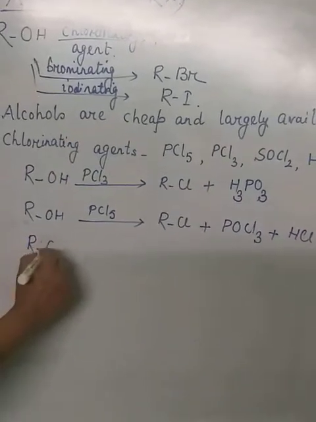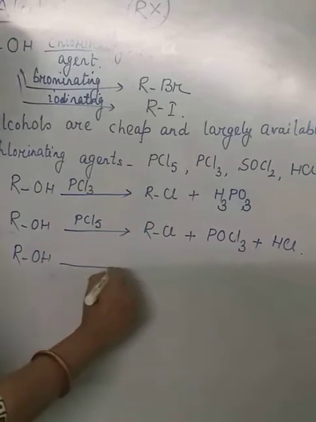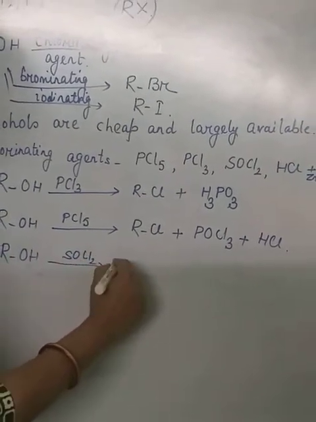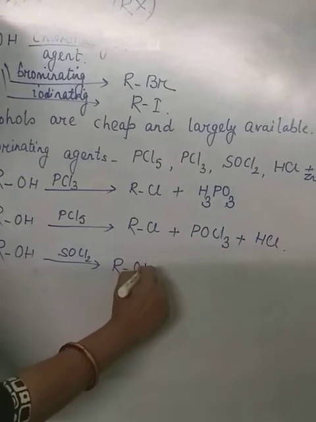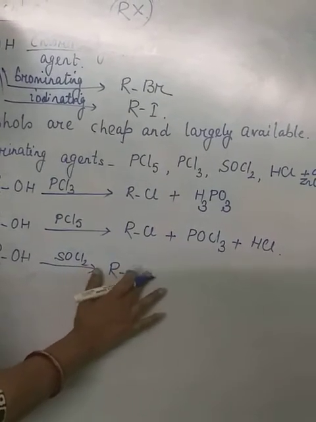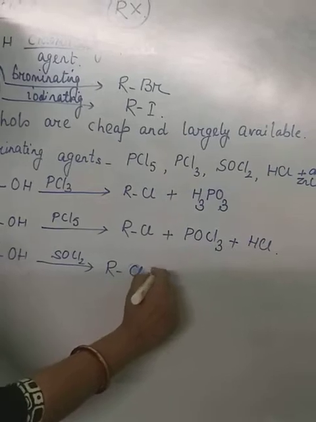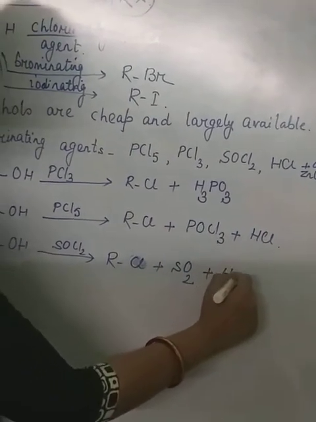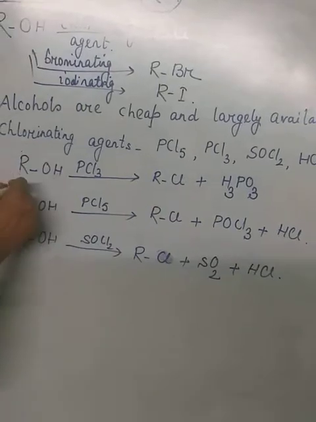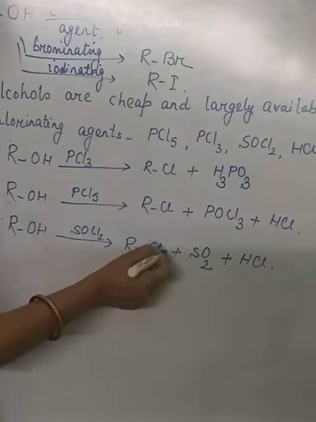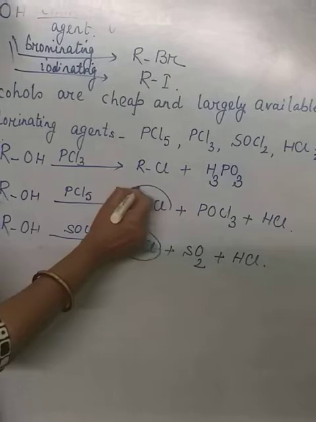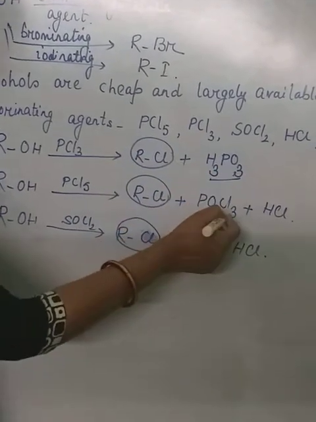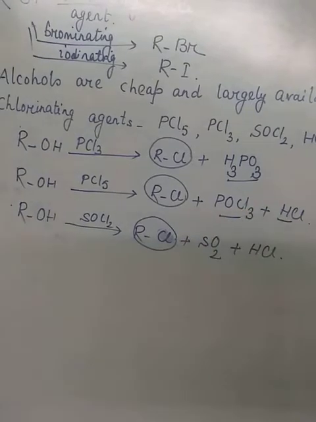With thionyl chloride SOCl2, the products are RCl, the major product, along with SO2 and HCl. Now look at these three reactions. The major product is always the same, but the side products are different.